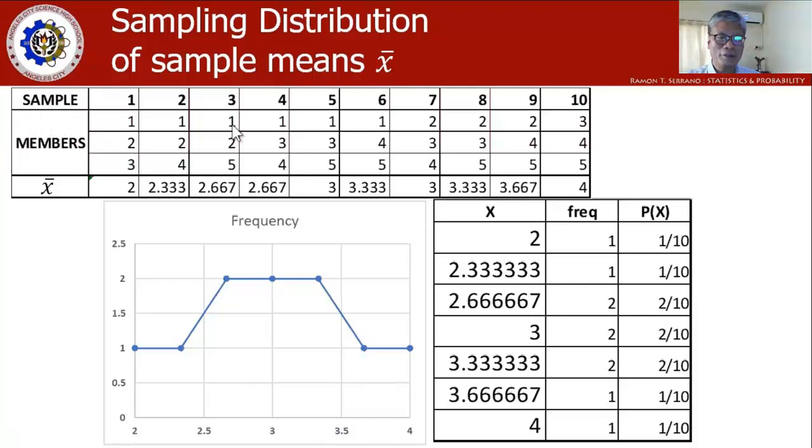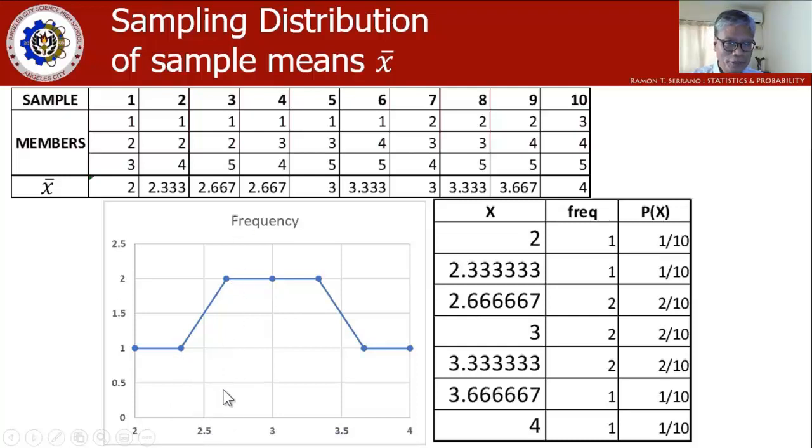Okay, so if I take a look at the sample means of each, I'll get here 2, 2.33, 2.67, the third group, 2.67 again on the fourth group, 3, 3.33, 3 again, 3.33 again, 3.67, and then 4 on the 10th group. If I graph these x bars, I'll have 1 for 2, and then 1 for 2.33.